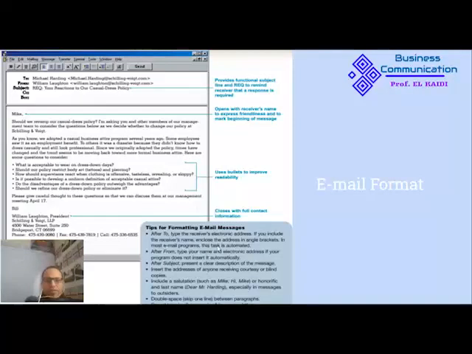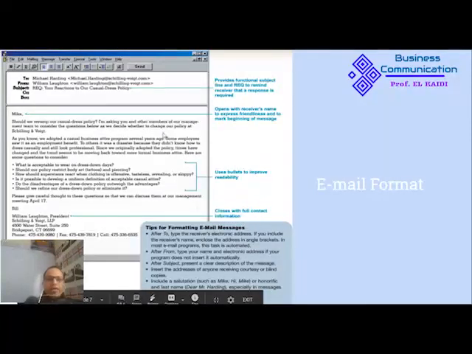In most email programs, this task is automated. When I say automated, it happens automatically. After "From", type your name and electronic address if your program does not insert it automatically. Now, today's programs and email accounts automate this. I mean, you don't need to do these things.